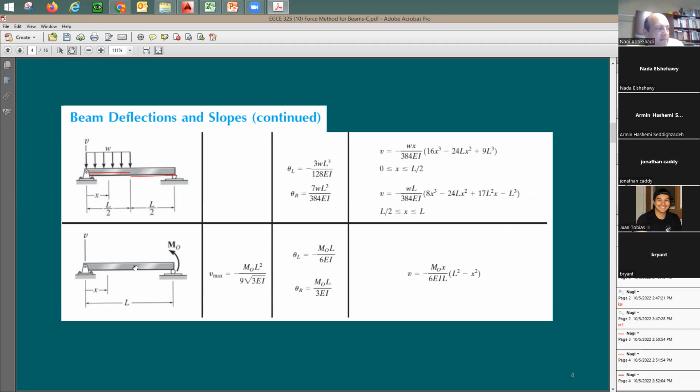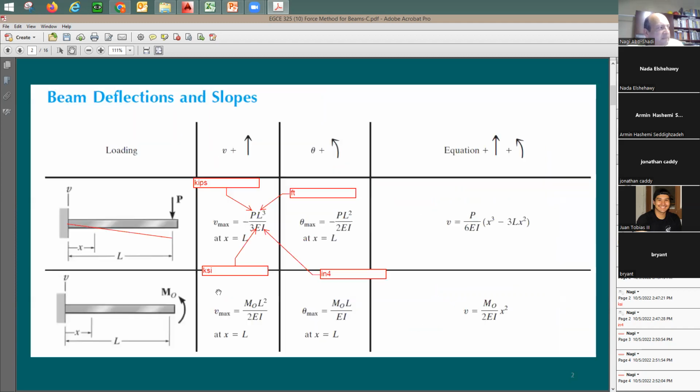One more case, simply supported beam. Point load. How much deflection at any point? Maximum deflection is going to be given by this equation here. Meaning that in the three slides, I have standard cases. I'm going to quote here some standard beams.